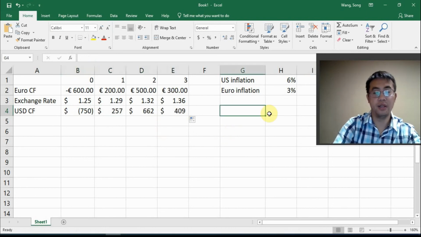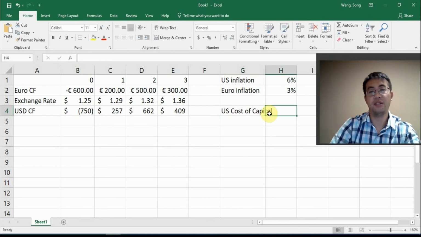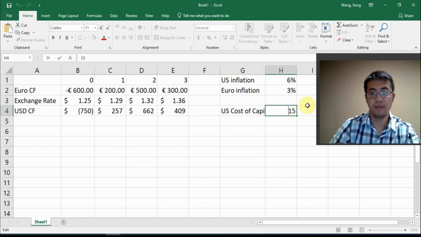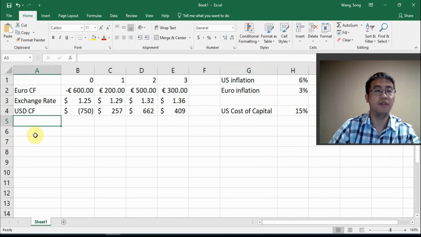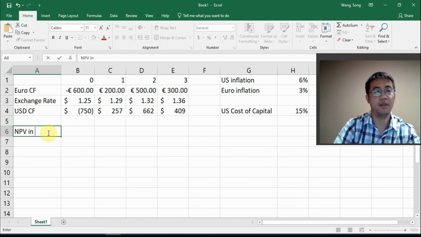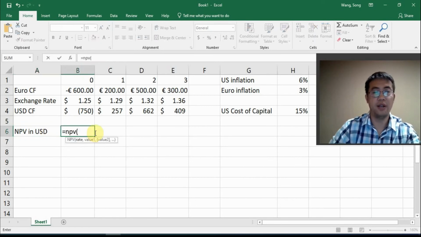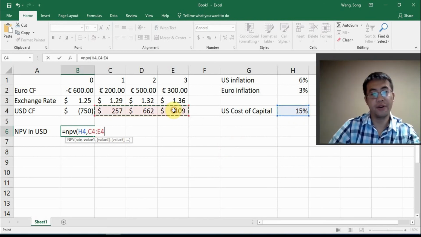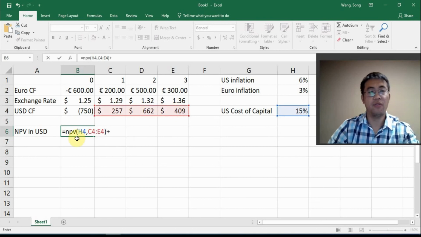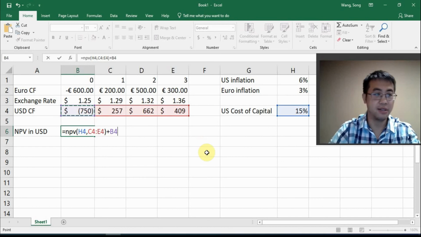And I also have the US cost of capital, and that is 15%. To get the NPV in US dollars, I simply use the NPV function, and I know the rate should be the US rate, and the cash flows should be the US dollars. And once again, for the NPV function of Excel, I need to add cash flow 0 outside the NPV box.